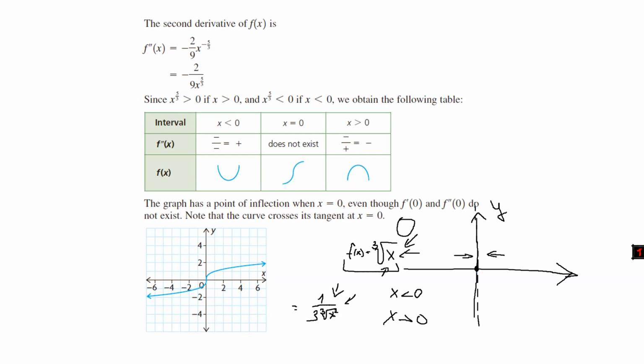And if we substitute x for a negative value, we're gonna see that this denominator turns negative, right? Denominator negative, 2/9 times x to the power 5/3. Right here, look. Can you see it? This is the second derivative. This is where we're substituting our values now.